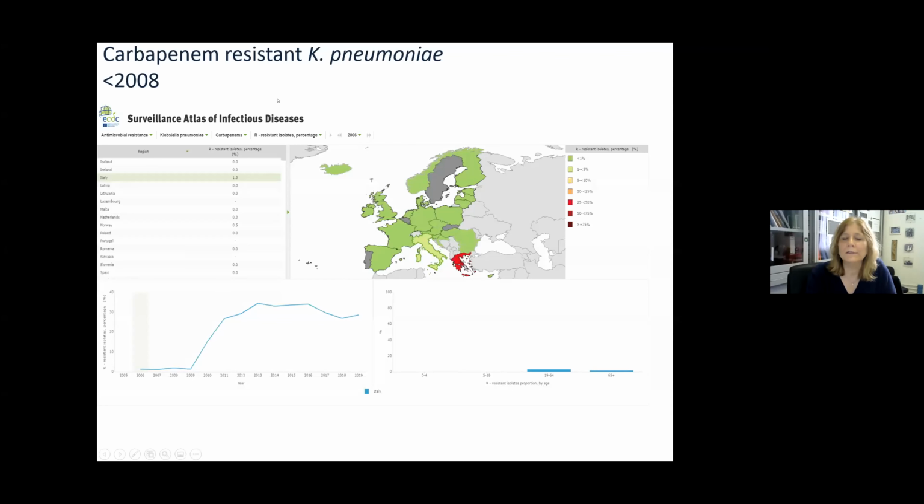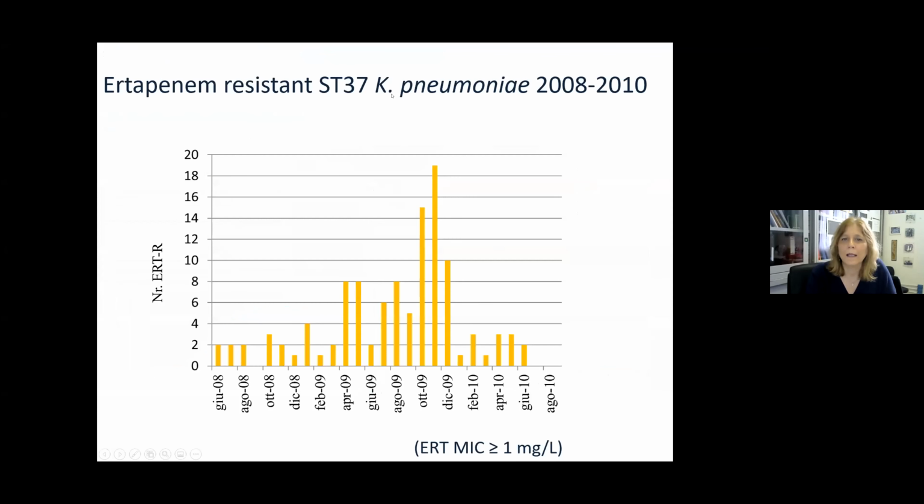started in these years. Immediately, it was observed a slight but constant development of resistance to carbapenems as well. We observed in 2009 an unusual number of positive isolates of this kind of clone, which had a differential resistance to carbapenems. I mean, they were not resistant to all carbapenems.